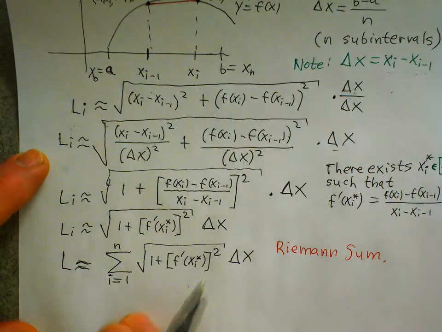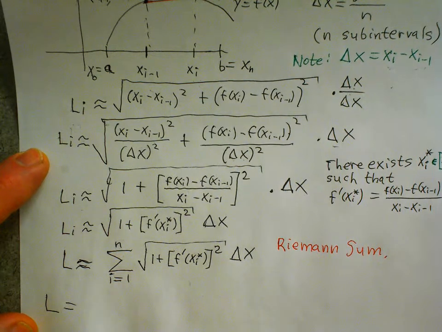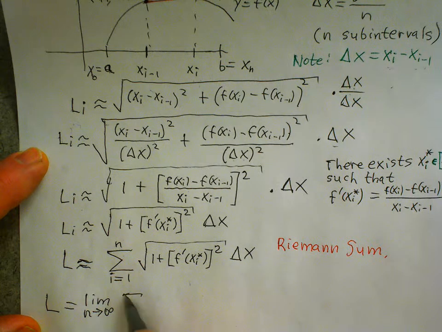So the actual exact arc length, L, is equal to the limit as n approaches infinity of the Riemann sum.